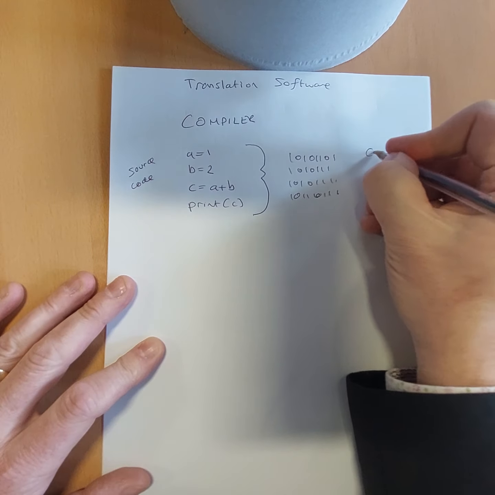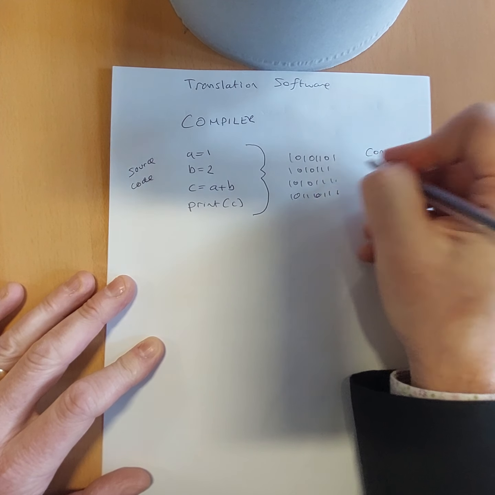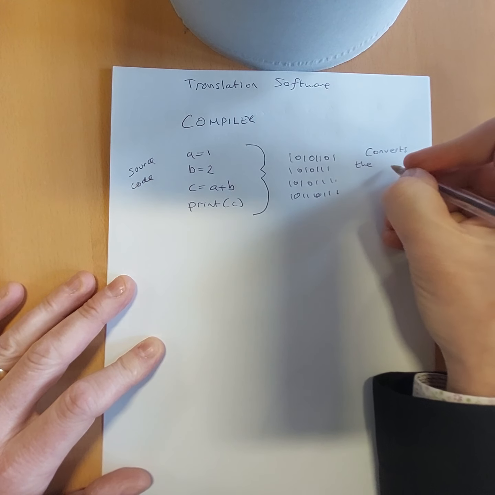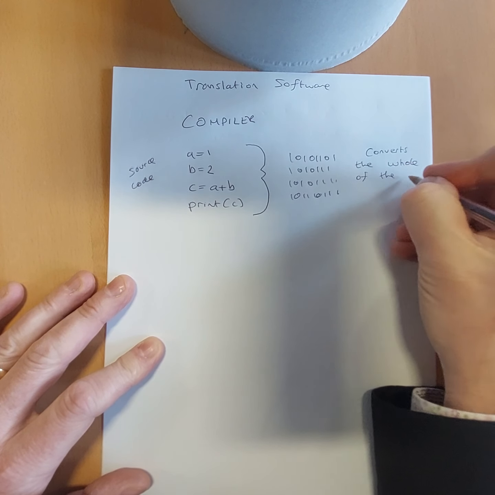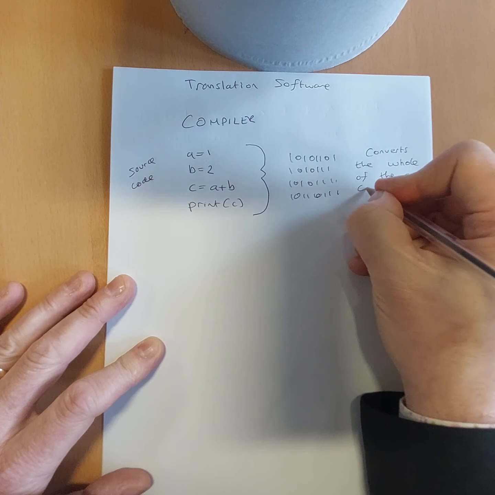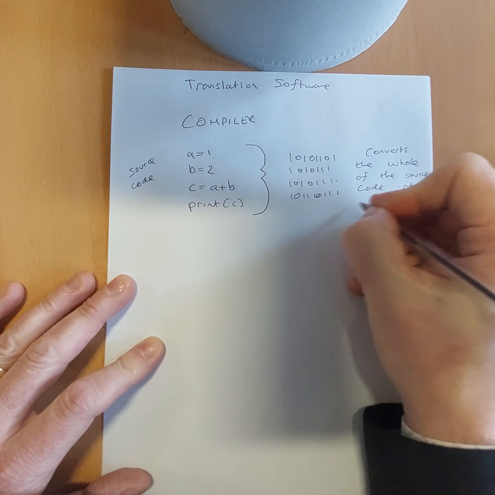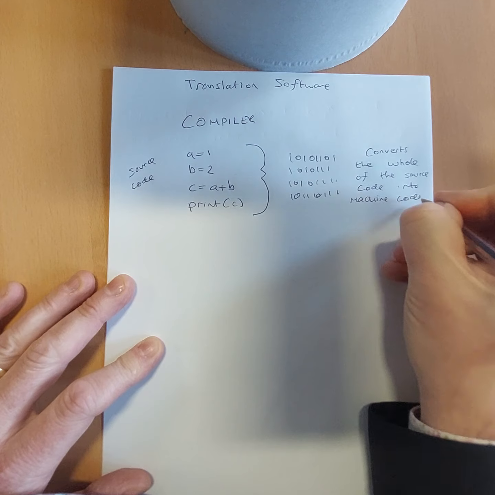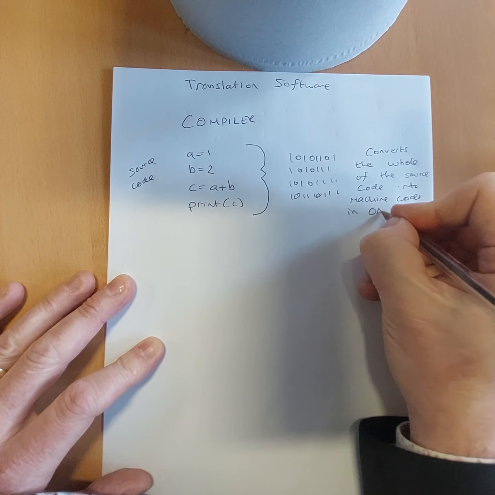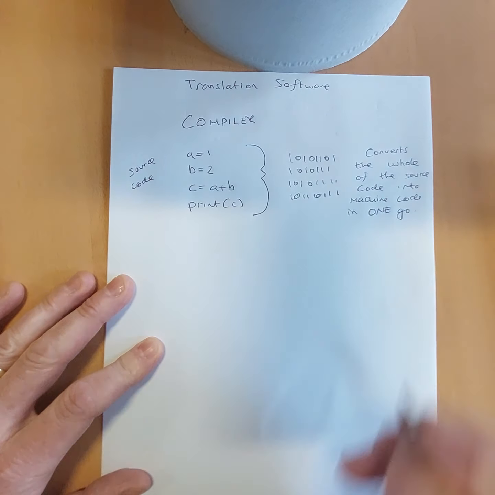Okay, so the compiler converts the whole of the source code into machine code in one go.